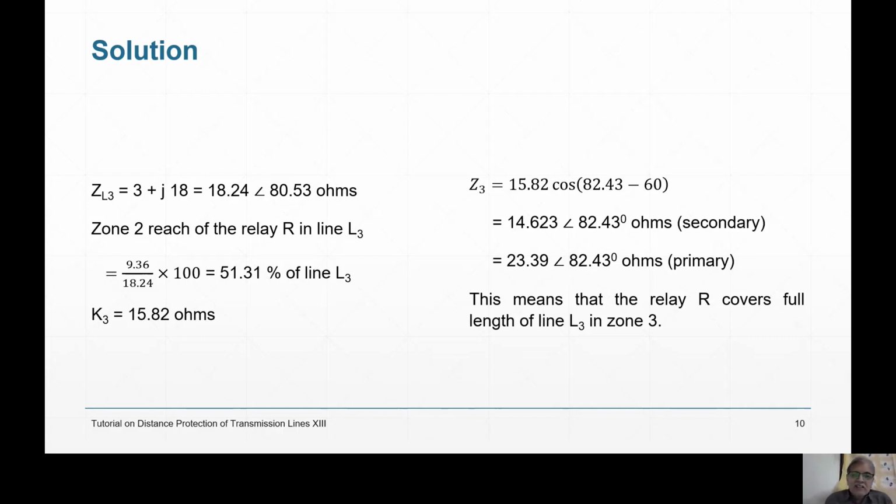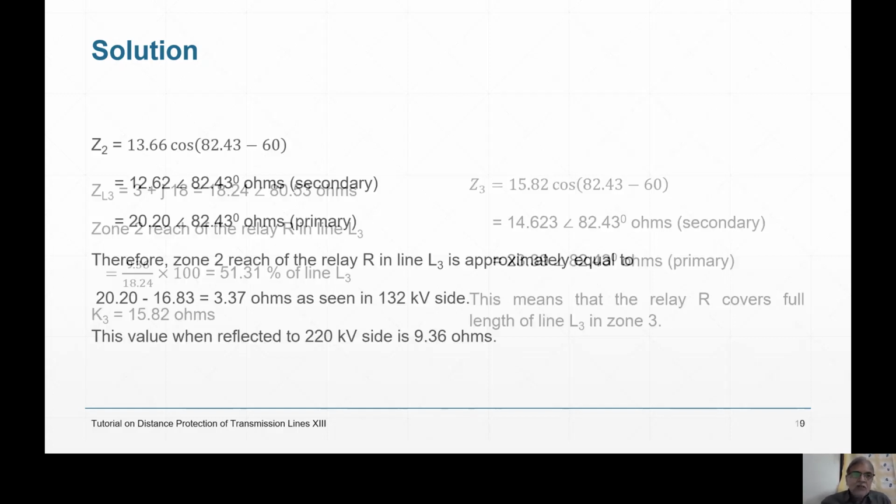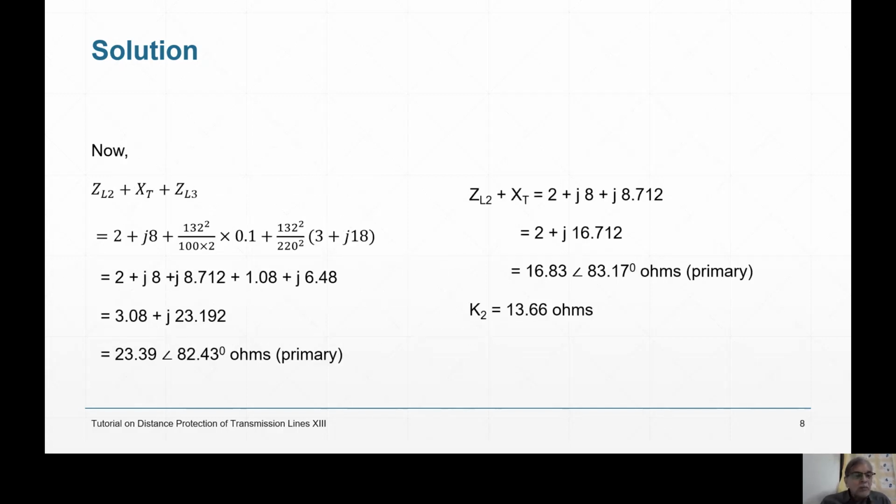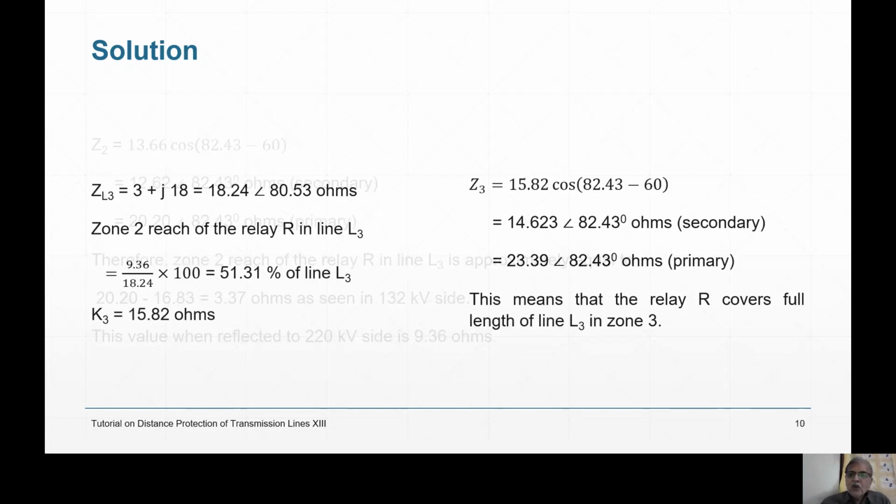My total impedance I calculated was exactly 23.39, and this is also 23.39. That means relay R covers the full length of line L3. The 220 kV line is fully covered, so it is fully backed up.